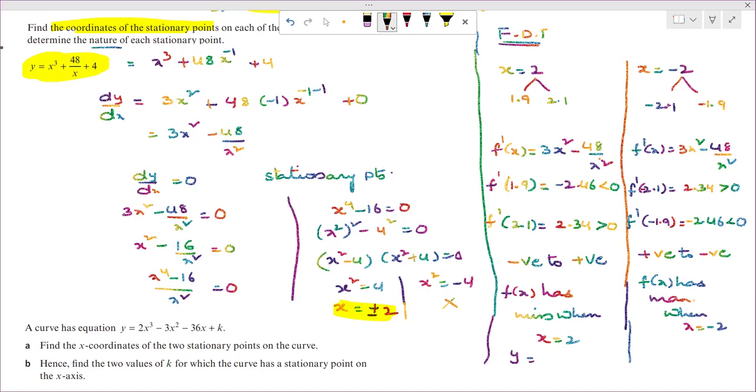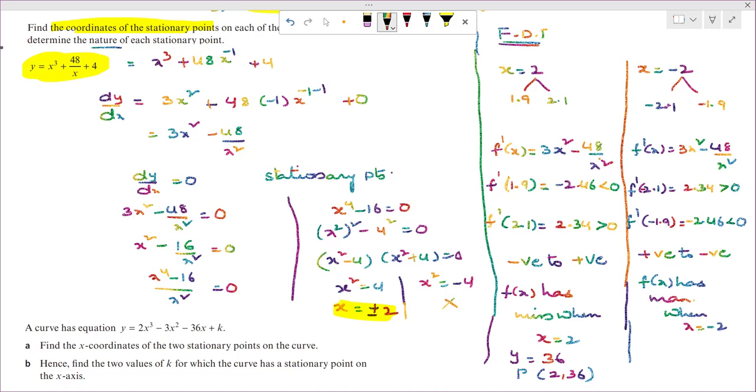Now it comes to 36. Y is equal to 36. The point will be 2 comma 36. Now in the same way, minus 2 you write down here. Minus 2 whole cube also. Let me solve again. Minus 2 whole cube.